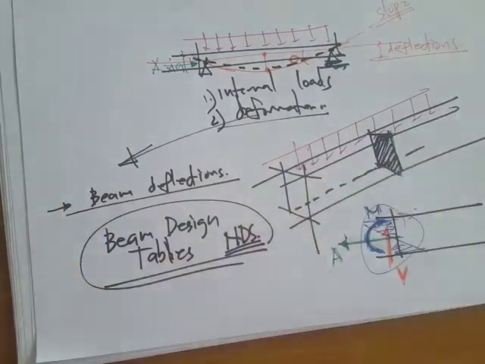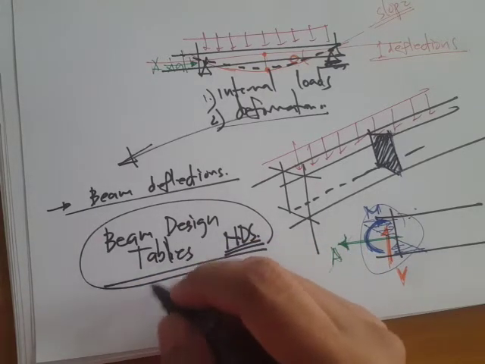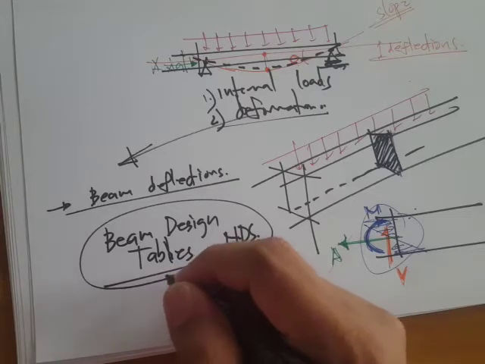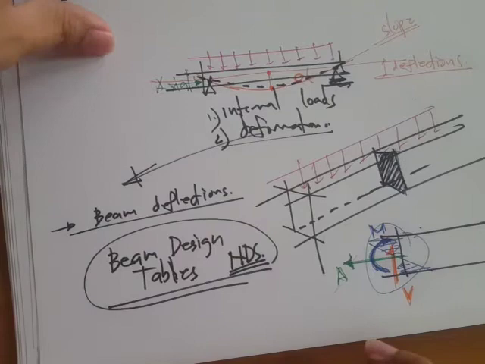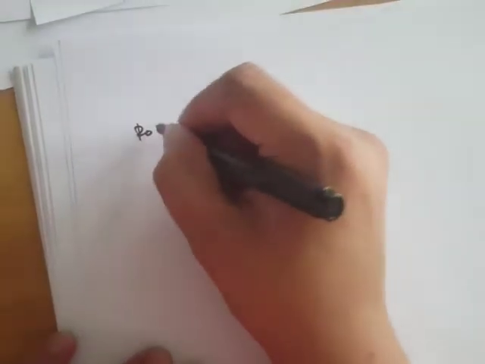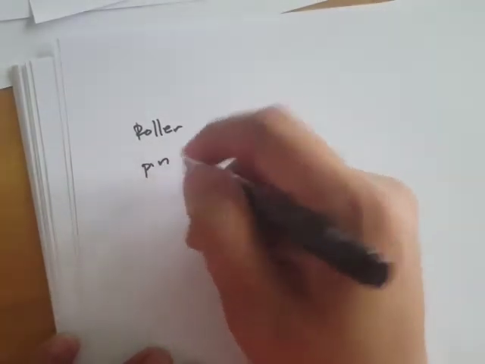Okay, so there's also a topic on the rules for sketching the deflected shape. We'll discuss it here. What's the deflected shape if it's a roller, a pin, or a fixed support?